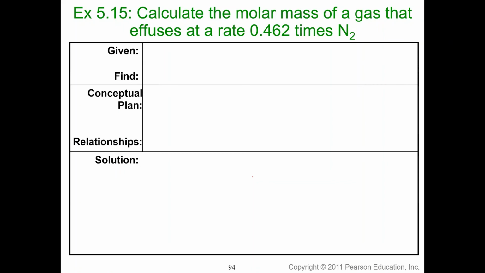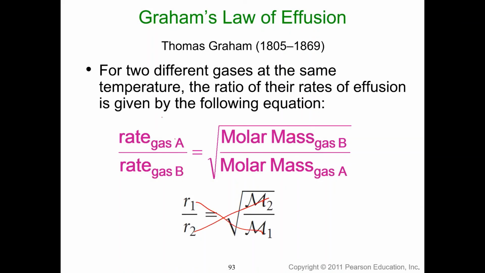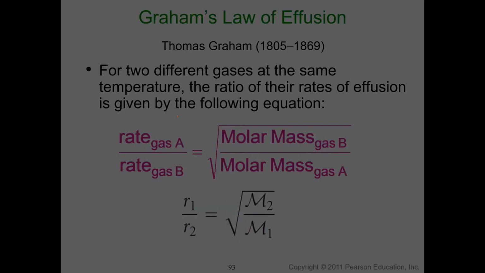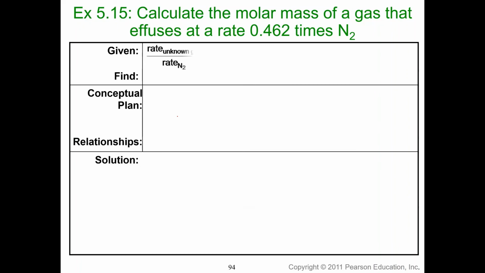Calculate the molar mass of the gas that effuses at the rate 0.462 times N2. Apparently the gas is unknown, all right? But if you look at this formula, it is about the ratio of gas A and B, so one of them has to be unknown. It's no big deal, right? We still can set up the same thing. We say gas of unknown over nitrogen is 0.462, because that's what it says, that relationship.